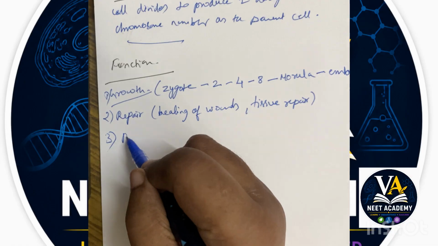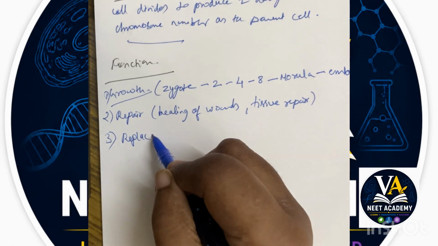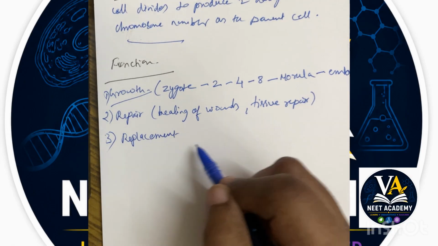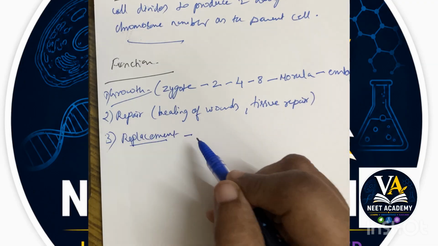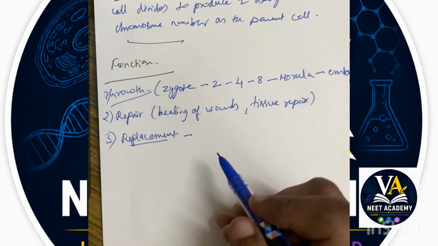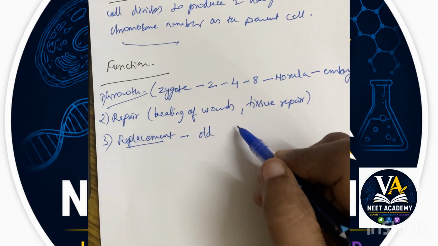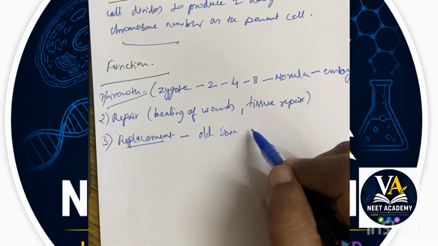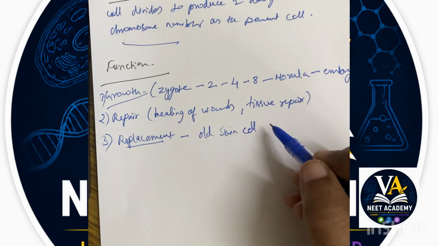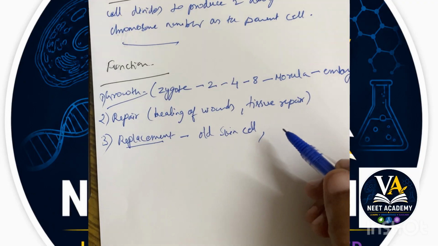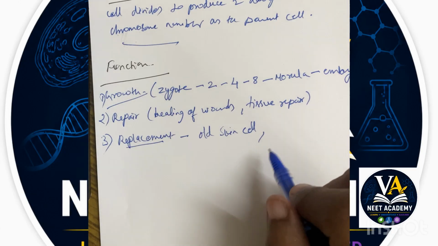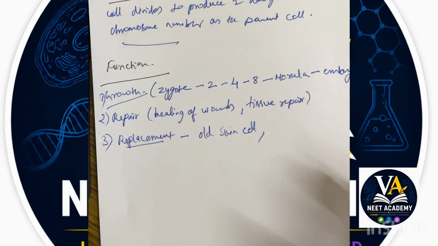Third is replacement. So mitosis has a role in replacement also. Replacement of what? Of old skin cells. All of us know we often shed our old skin which is blackened, and then we glow with the new skin. So this requires the process of mitosis.